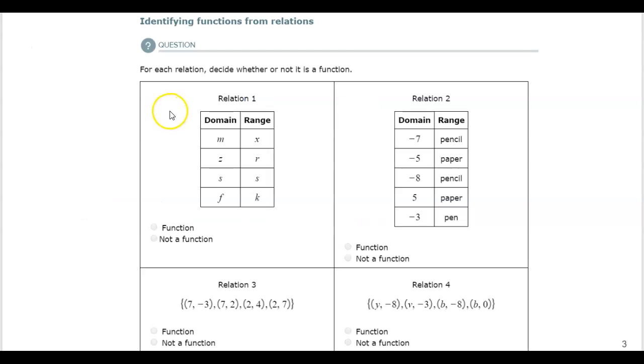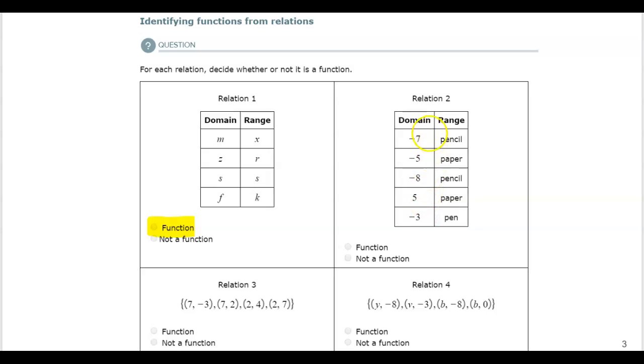So when we decide if these are functions, we're going to look and see if the inputs repeat. Inputs is the same as domain, so I'm seeing do any of these inputs repeat? I would say they don't, so I'm going to say yes, it's a function.